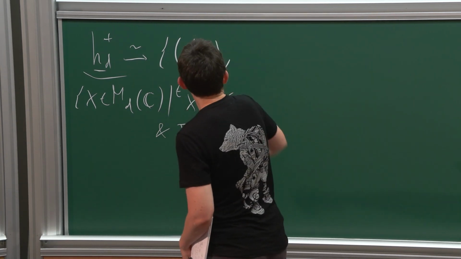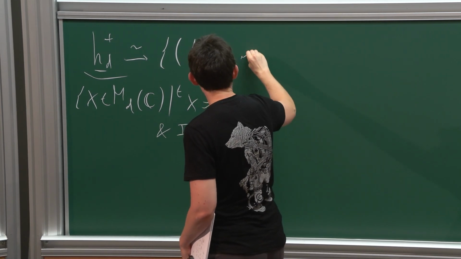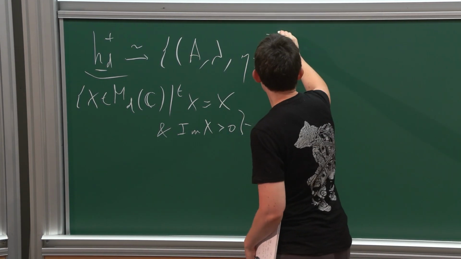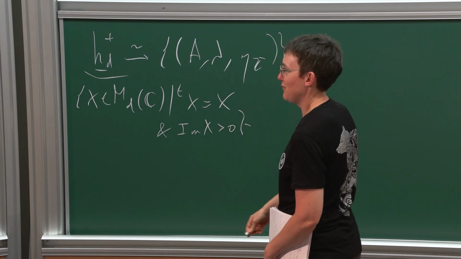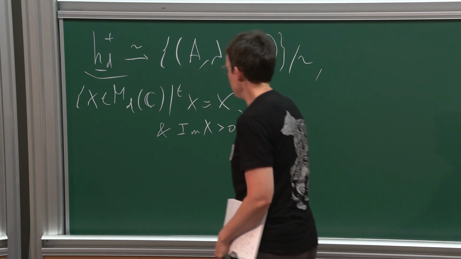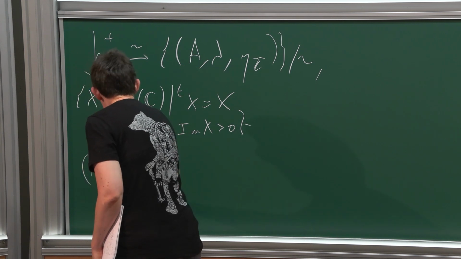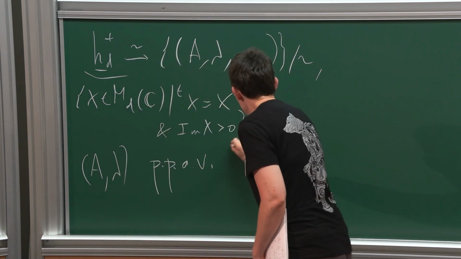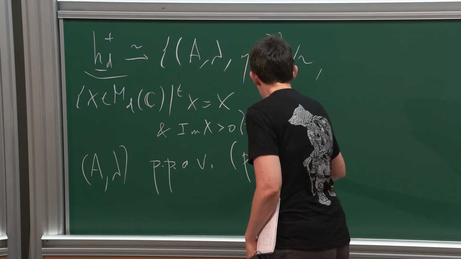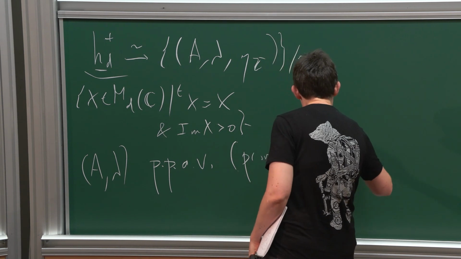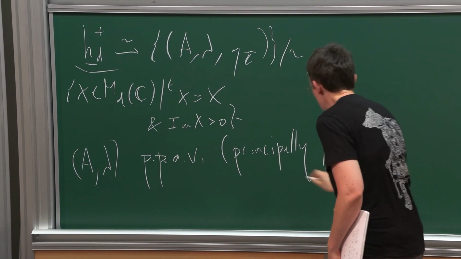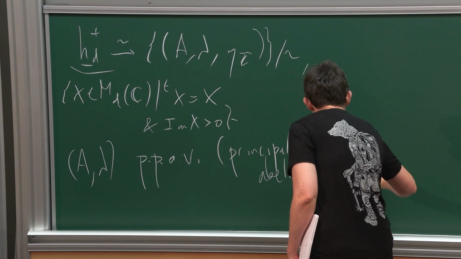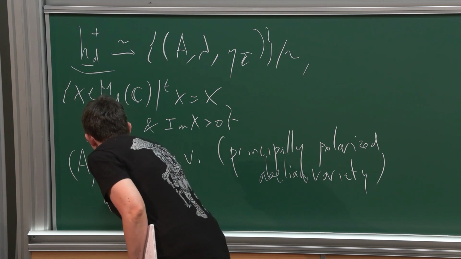And I was explaining that this is parameterizing isomorphism classes of triples A, lambda, and eta, where A lambda is a PPAV, principally polarized abelian variety, over C of dimension d.